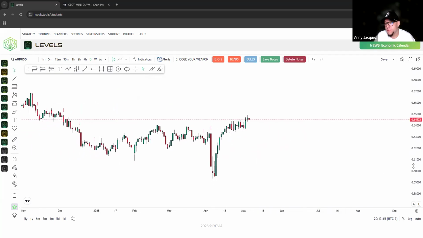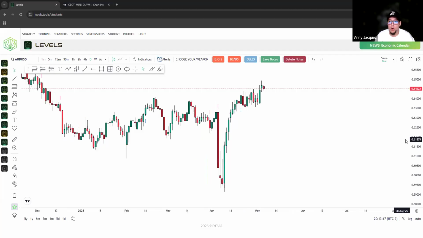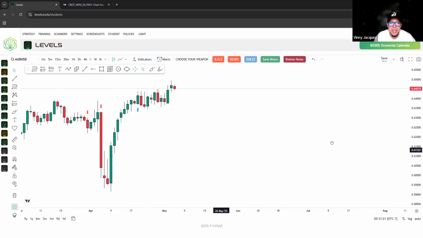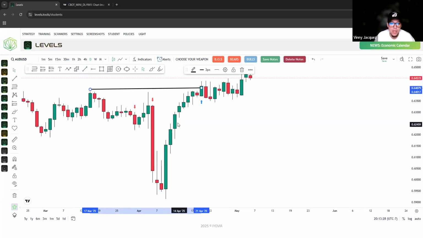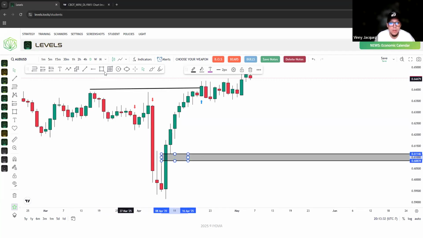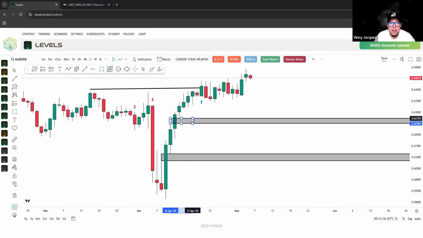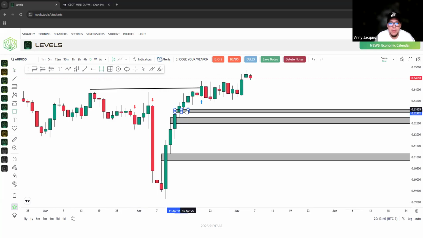And the reason why I don't focus on imbalances personally for myself, right? Because I can see imbalances everywhere. If this is my change of direction right here, I have an imbalance here, I have a slight imbalance. No, it looks like that was taken. I have an imbalance here, and I have an imbalance here, right?